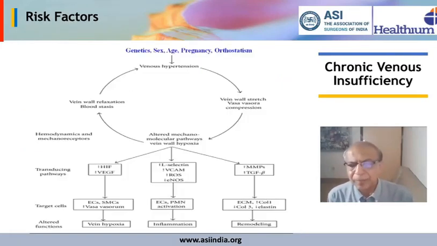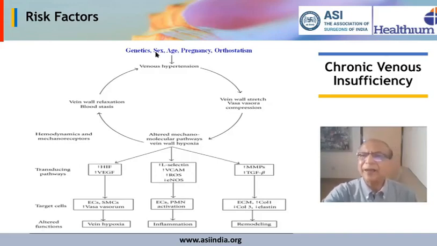Biologists have done some studies on patients who have the syndrome of chronic venous insufficiency, and they have come out with a somewhat complicated-looking cartoon, but it's not all that difficult either.